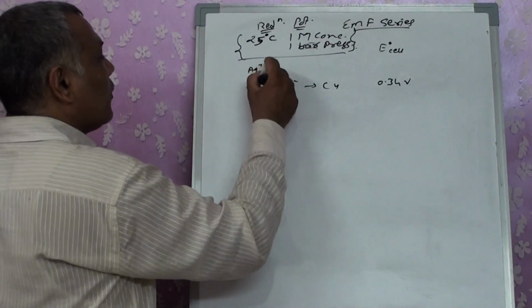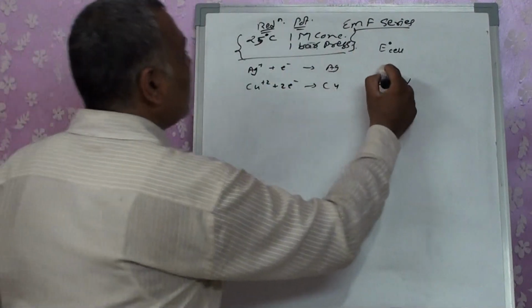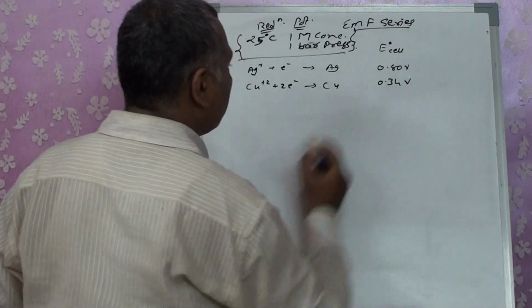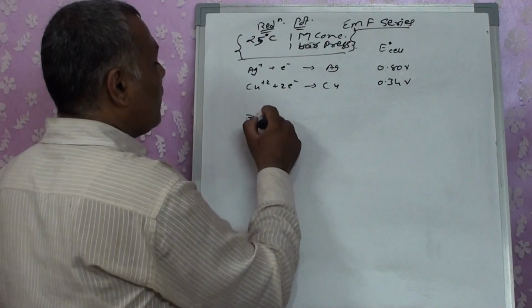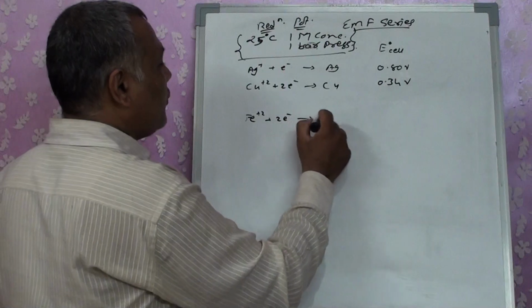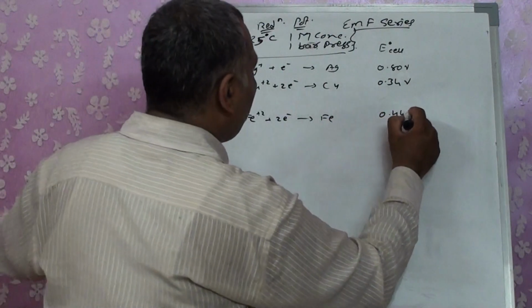Similarly, it is also given in the textbook. You will find Ag+ plus e- gets converted into Ag, and its potential is 0.80 volt. For Fe, Fe2+ plus 2e- gets converted into Fe, and I will get its potential as 0.44 volt.